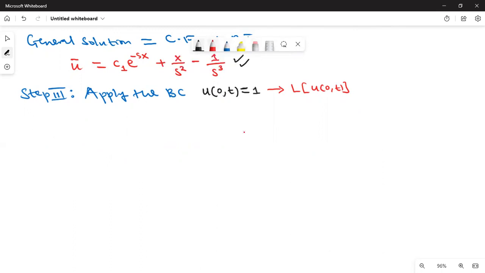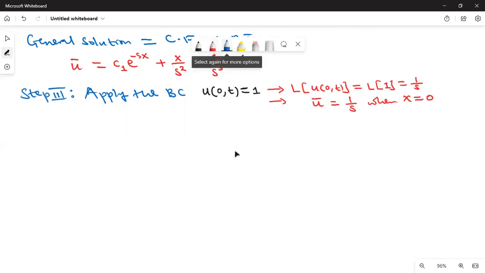Now let's get the transform on both sides. That will give us the transform of 1, or simply u bar when x is 0 should give you 1 over s. You see the Laplace transform of 1 is 1 over s. So let's substitute x equals 0 and u bar equals 1 over s in our general solution. What are we going to get?